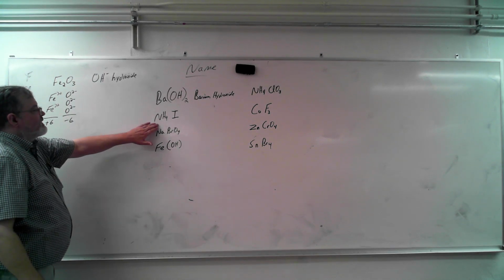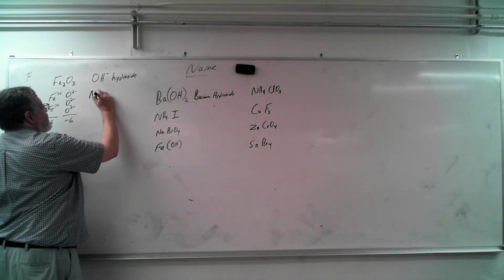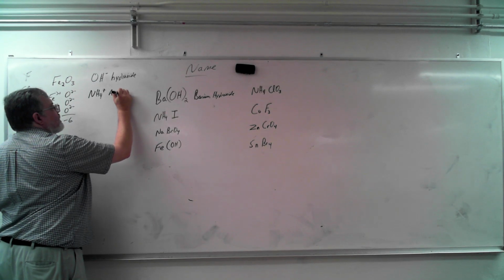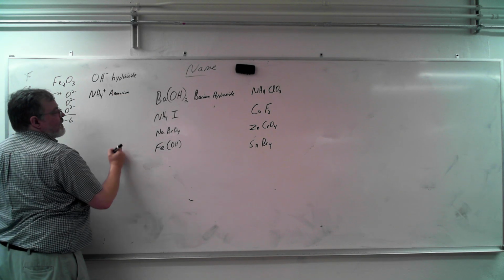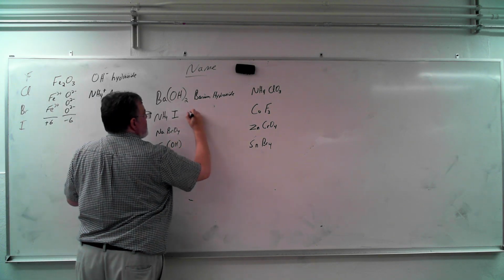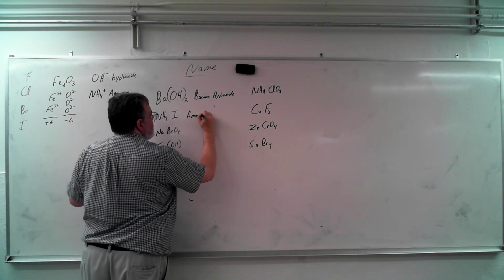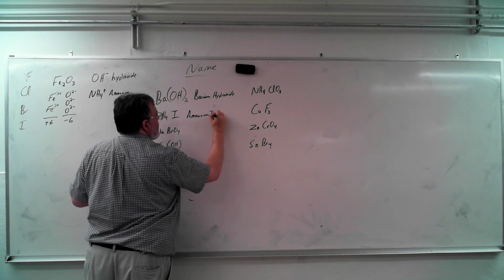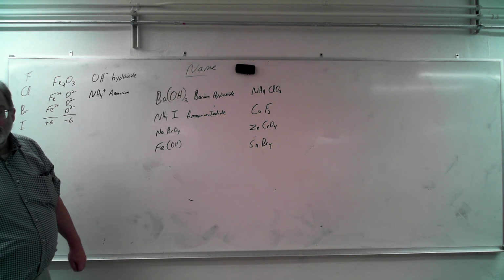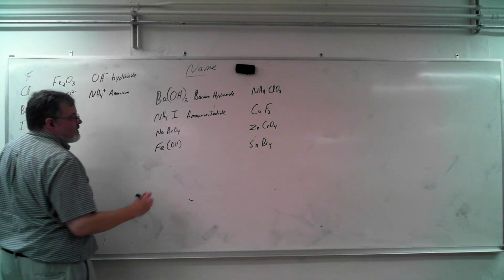All right, do you remember what this is called? That one is ammonium. And that's iodine. So this will be ammonium iodide. You don't need parentheses with polyatomic ions.